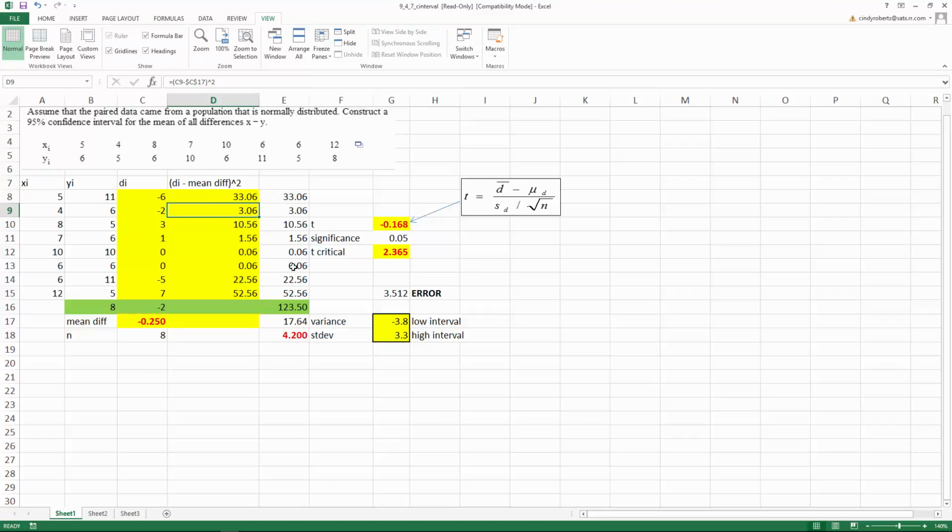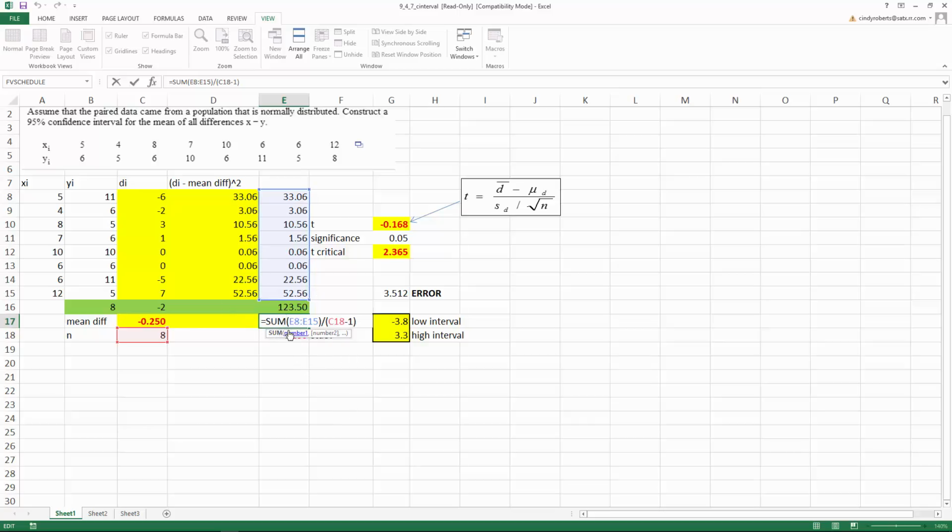All right, so over here, I really didn't need this column after I was looking at this, but all I did here was sum these values, so it's the same as column D. I simply sum those. And this allows me to find the standard deviation, because first I can find the variance by taking this sum and dividing by the degrees of freedom, which is n minus 1.